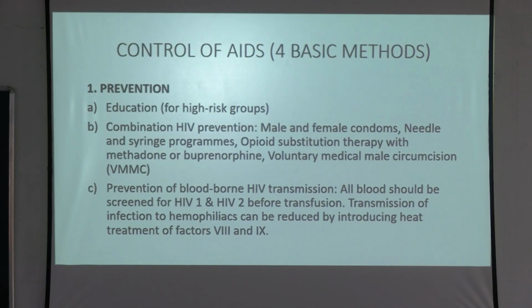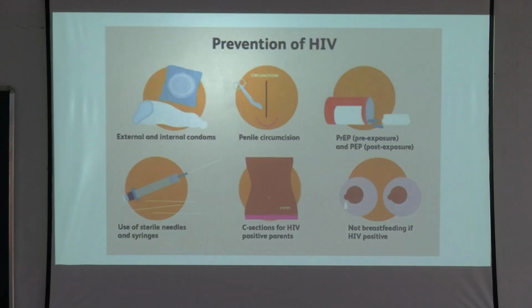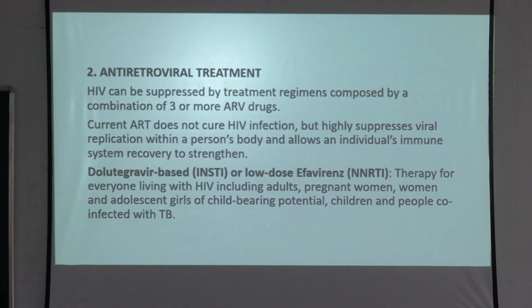And also prevention of blood-borne HIV transmission. All blood should be tested for HIV, both type 1 and 2, before transfusing to others. These are the three pictures to make it understandable, if you can remember.